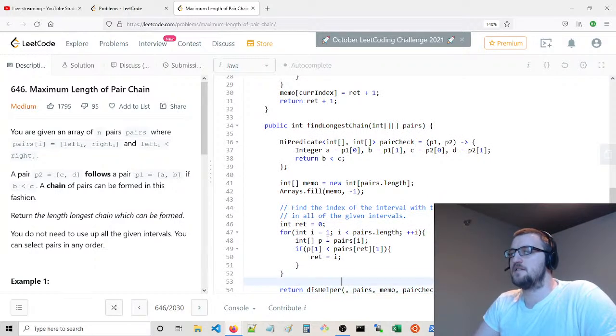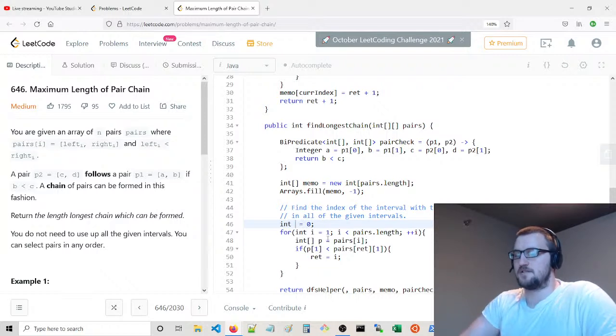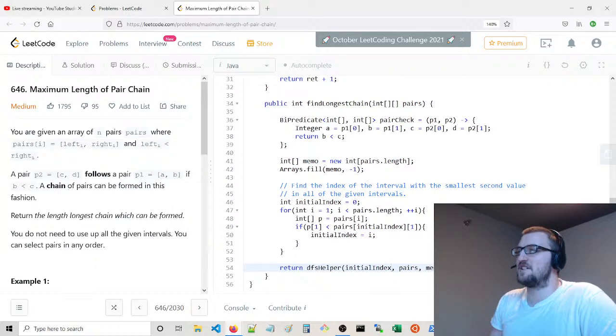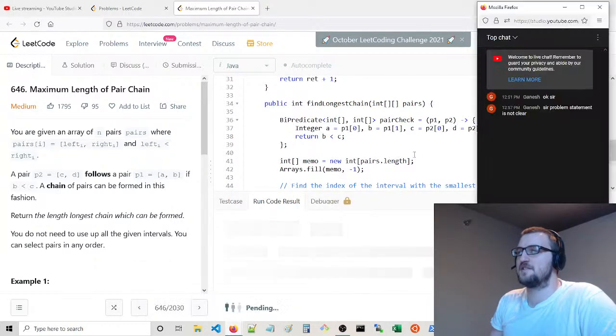And not ret, it's going to be target index or initial index. This is kind of ugly, not ideal, not the best.